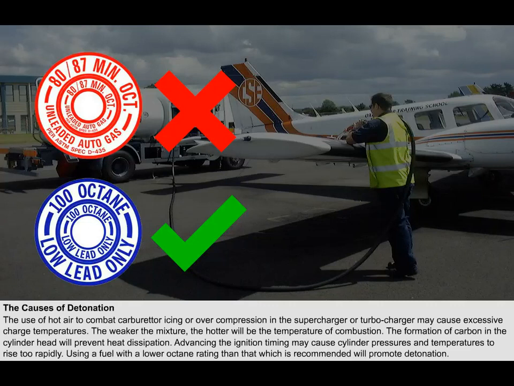If a fuel with an octane rating lower than that which is recommended is used, it will promote detonation, especially under high power conditions. It's important, therefore, that fuel of the recommended octane rating is used. If this fuel is not available, then one with a higher octane rating may be used.